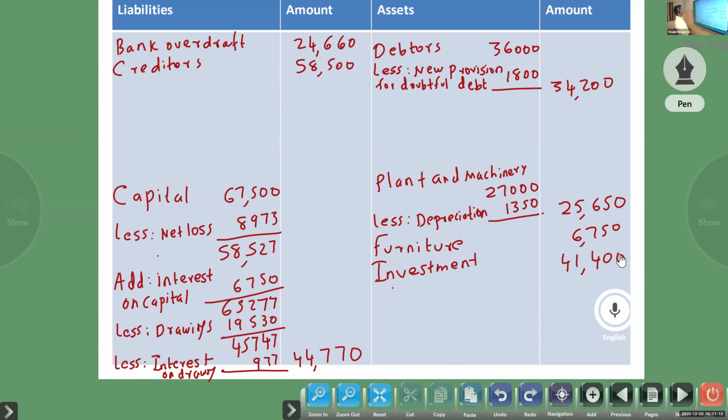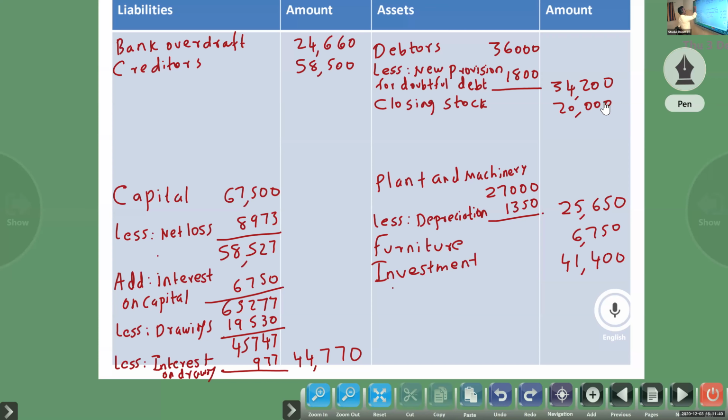So if you have no time, creditors 58,500. Next, now you have to look at adjustments. First, closing stock 20,000. Then interest on capital, already we wrote. Interest on drawings, we already adjusted with the capital.